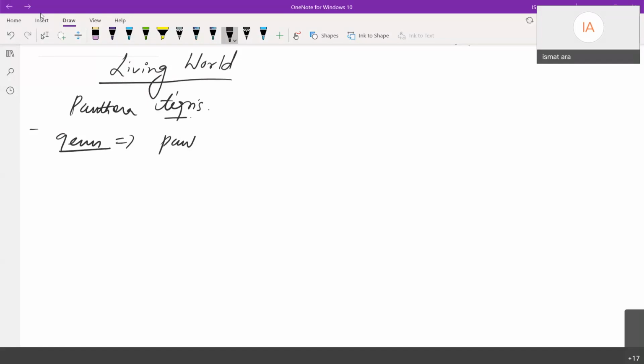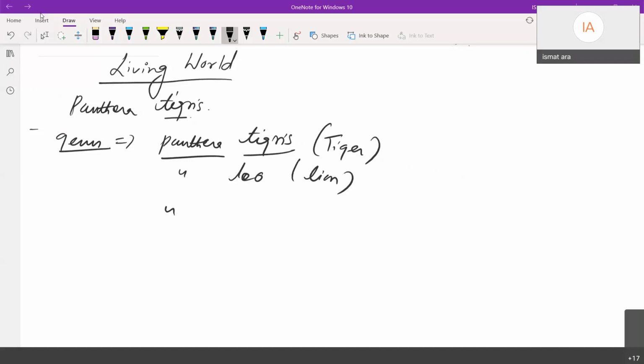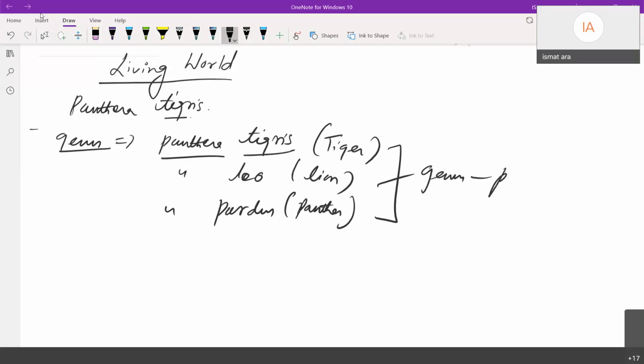Suppose Panthera tigris, the scientific name of tiger. Panthera leo, lion. Panthera pardus, panther. The genus is Panthera.